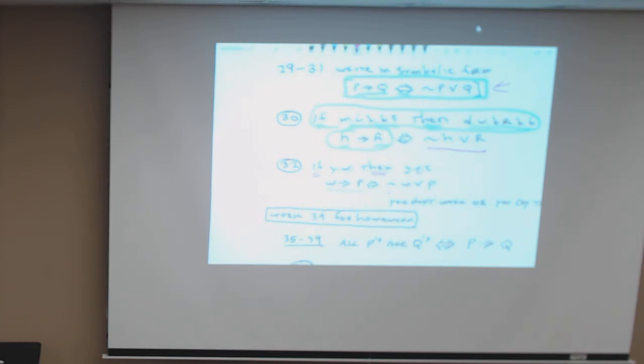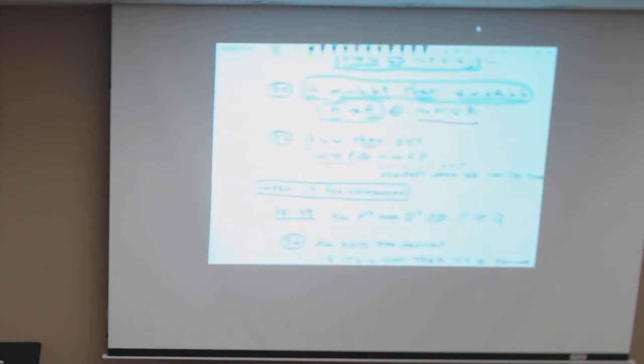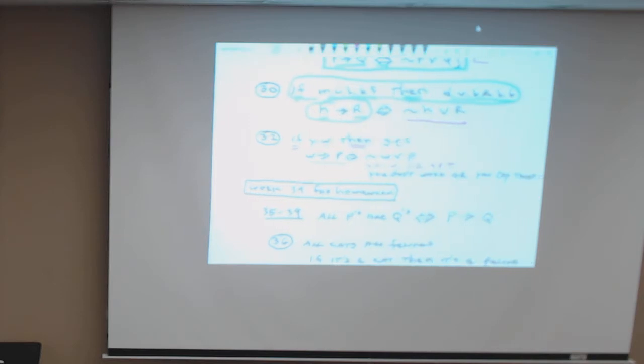That's how I would write it out in words. Oh, looks like I did it down here. You don't work, or you pay taxes. Work problem number 34 for homework.